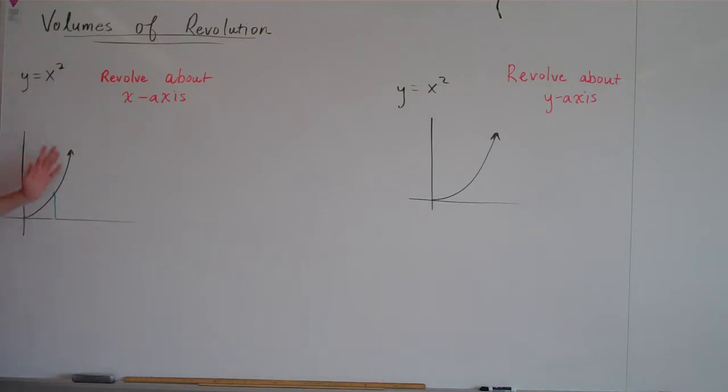So effectively what this thing will make is kind of like the bell on a trumpet, right? A horn, if we revolve it about the axis.